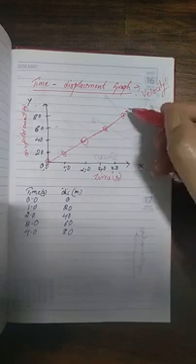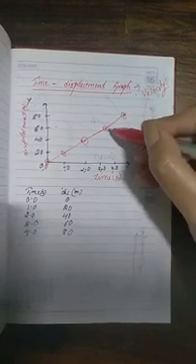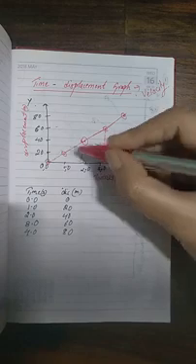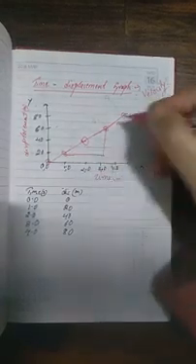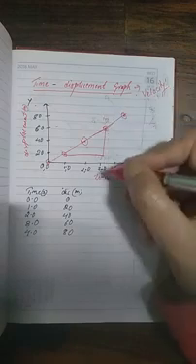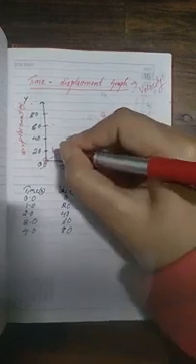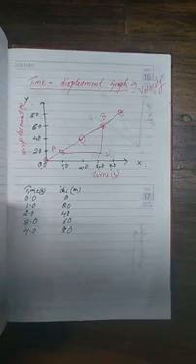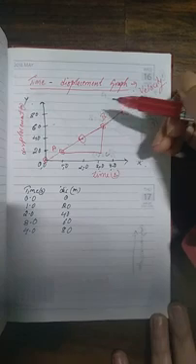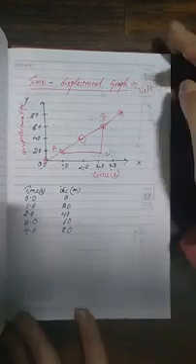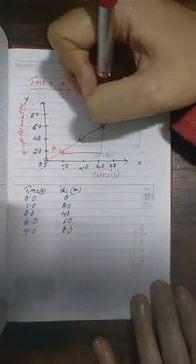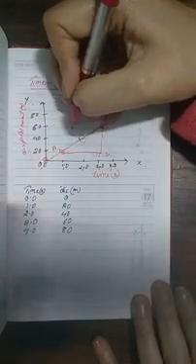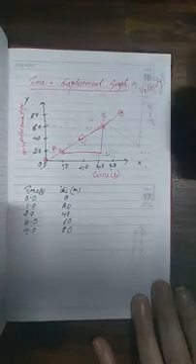For that, we take 2 points and we draw a triangle. Let this point be B, over here be C, and this be A. Now when we get a triangle, from this triangle we can find the velocity of this particular graph. Now we draw a straight line towards the y-axis.